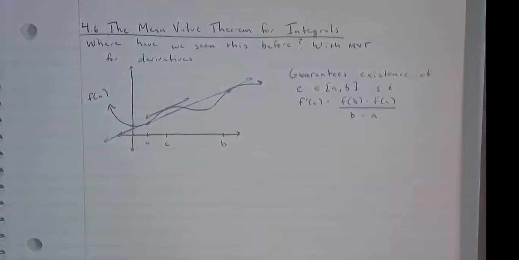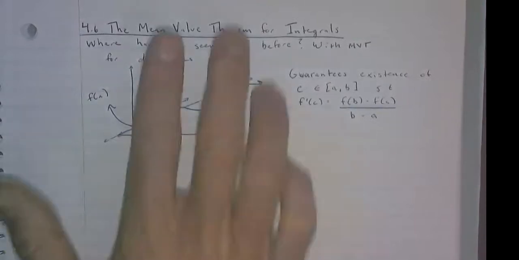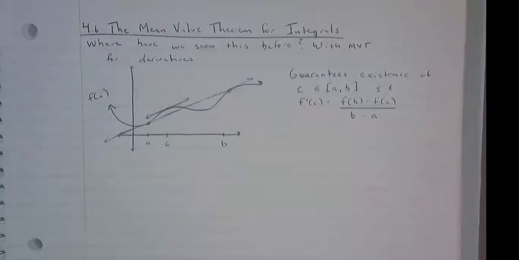So the first sort of intermediate theorem before the mean value theorem, we're not going to prove. We're just going to throw it up there and kind of nod our heads and say, yeah, that sort of makes sense, just based on our intuition and the picture we're going to draw.